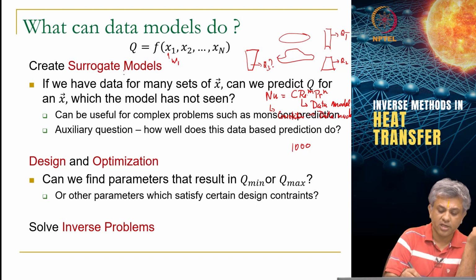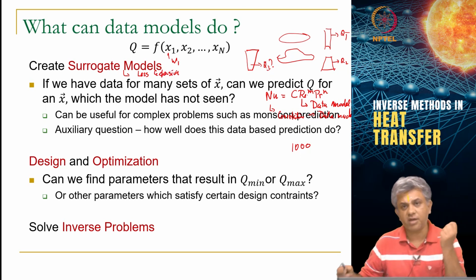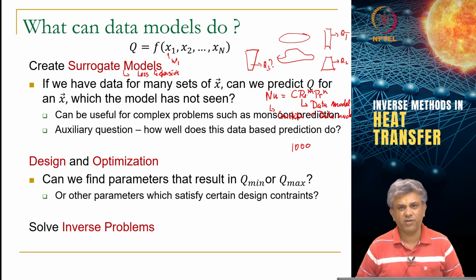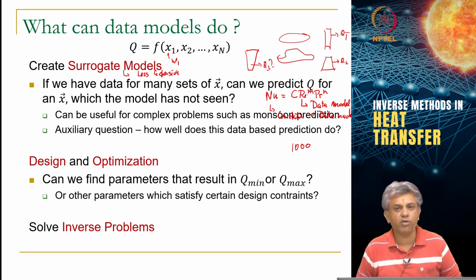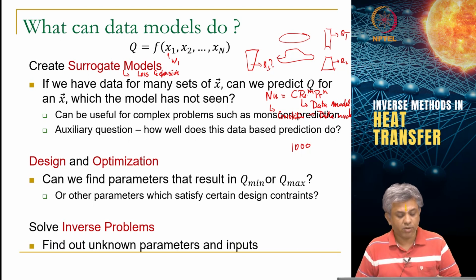So, typically surrogate models are used because they are less expensive. We will see this towards week 10 or week 11 of this course. We will see some simple examples. Again, we are going to do just classroom examples, but you will see through the examples that this is generalizable to any case.